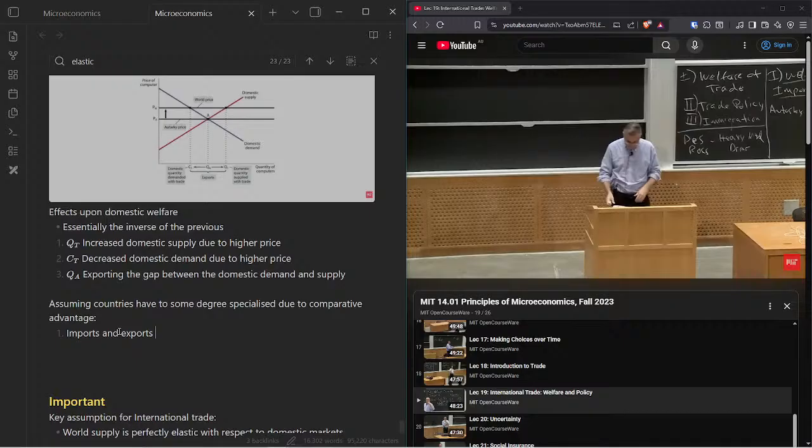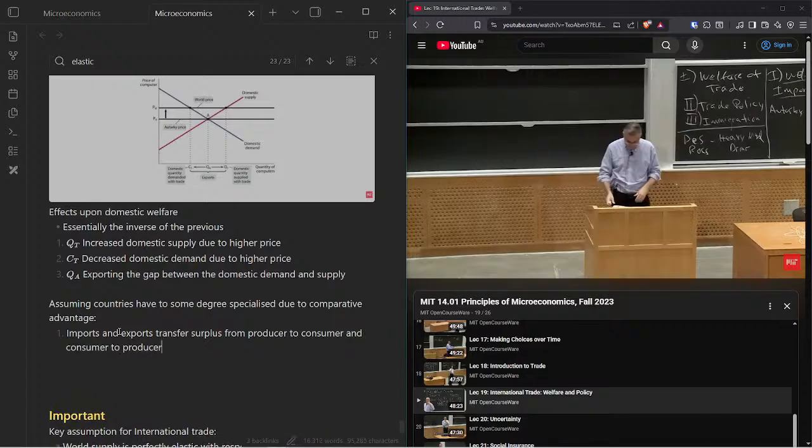Imports and exports shift, transfer surplus from producer to consumer and consumer to producer, respectively, and result in a net efficiency, a net welfare gain.